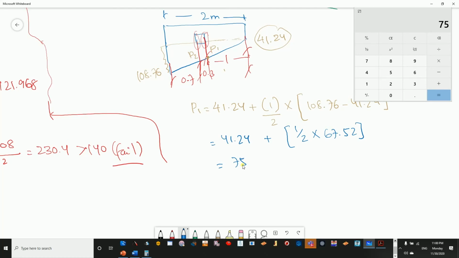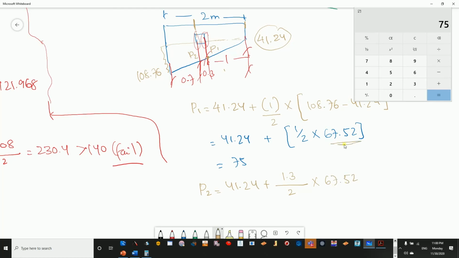Now going for P2, it's the same thing: 41.24 plus, now the distance is going to vary. The distance from the base to point number 2 is 1 plus 0.3, so it's 1.3, divided by the full distance, which is 2, multiplied by 67.52.